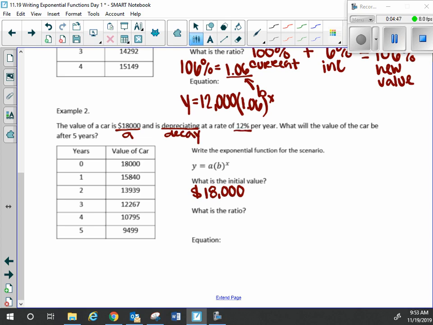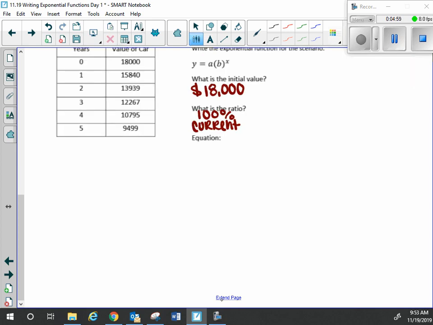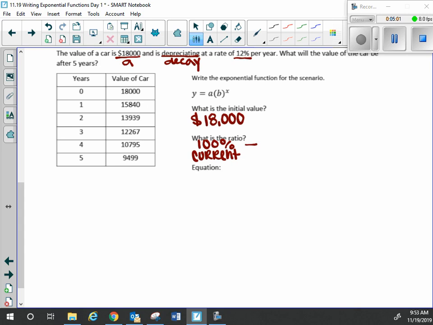So you start off with your current value at 100%, right? And if it's depreciating, what am I going to do with that 12%? Subtract it. So what percentage is the new value of the car? 88%. So 88% remains.